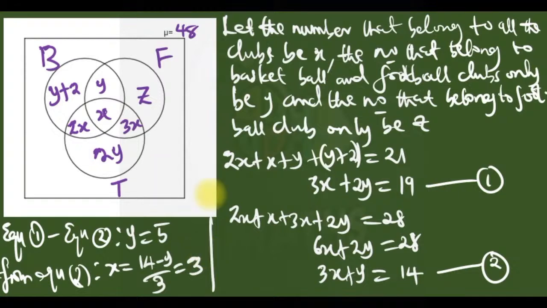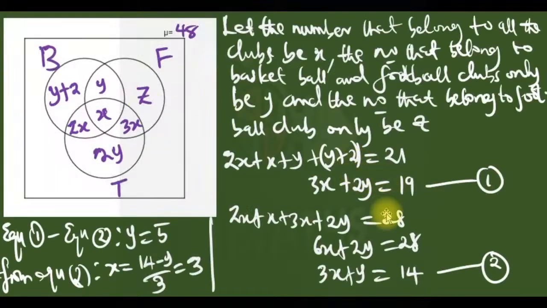Let's finish up and get the value of z. We know that if we add everything, it is equal to 48.